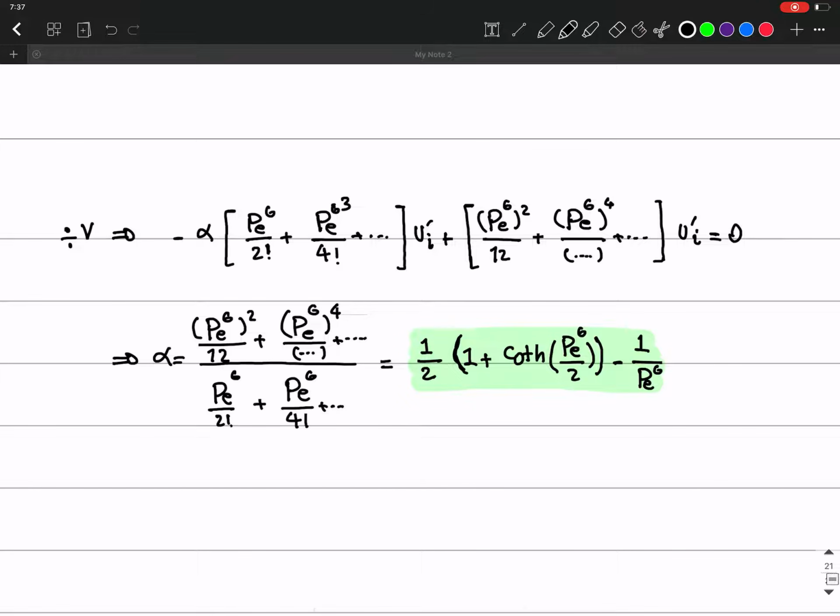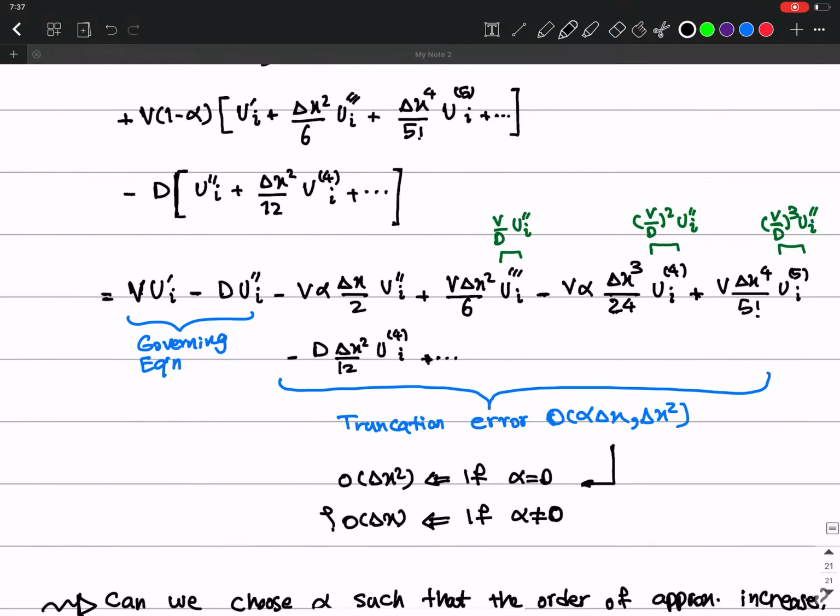This means that if you set alpha to this value, which you can simply calculate, right? You have the Péclet number, which is V delta x over D, and you can calculate this hyperbolic cotangent and the Péclet number here. Then this alpha makes the truncation error 0. What does this mean? When your truncation error is 0, when this whole term is 0, what does this mean?